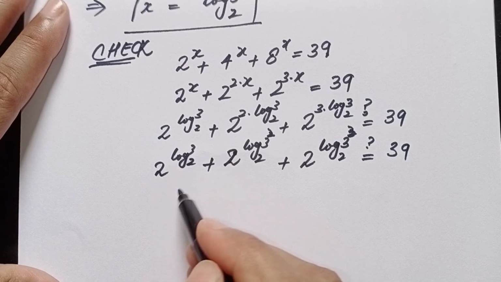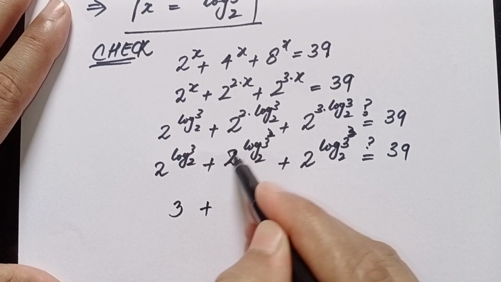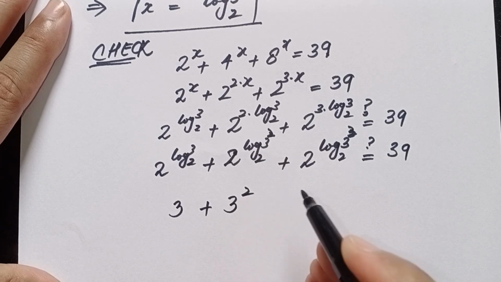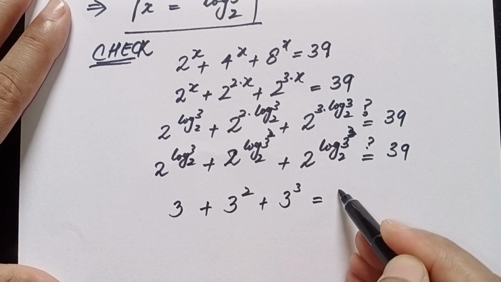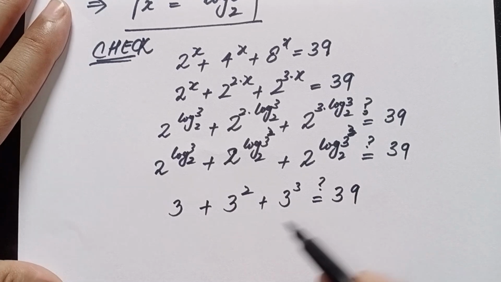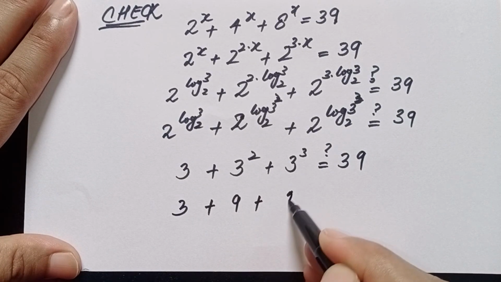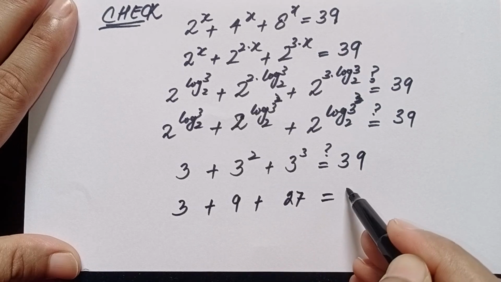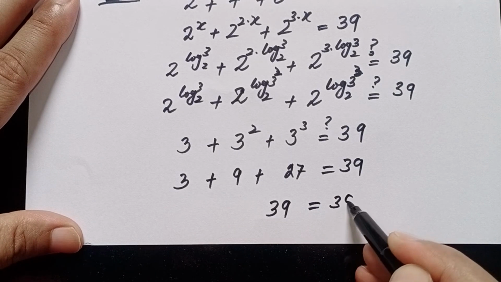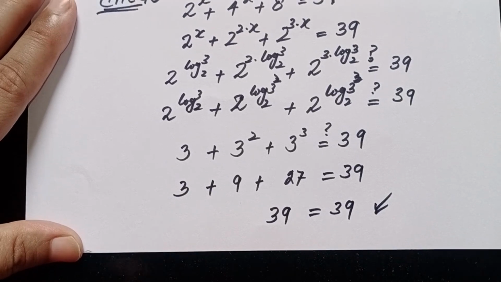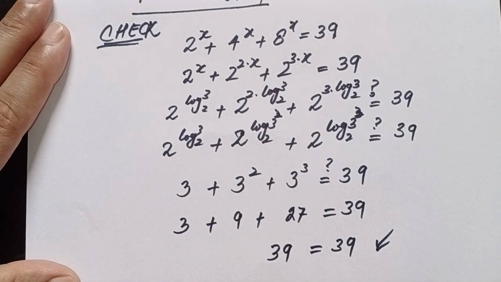From here we use the formula of a logarithm, and we get 3, here we get 3 power 2, and by using the formula we get 3 power 3 is equal to 39. So it will give us 3 plus 9 plus 27, and by adding them we get 39, which is equal to 39, which is proved. So the value of x is log 3 base 2.